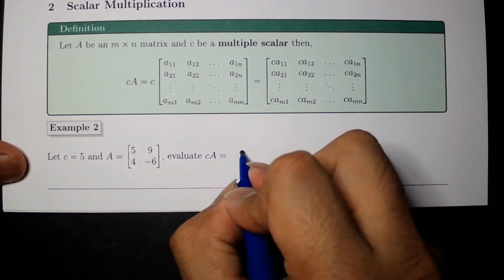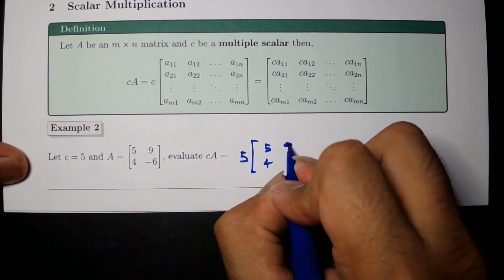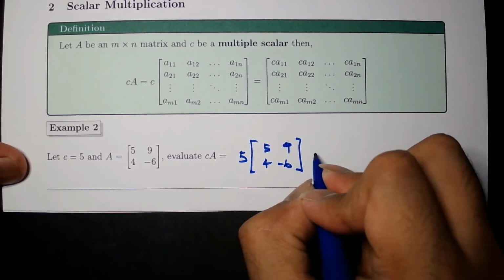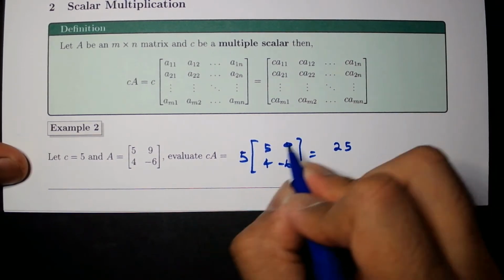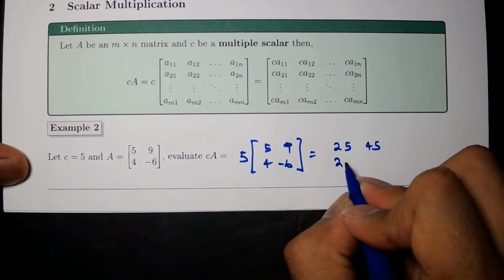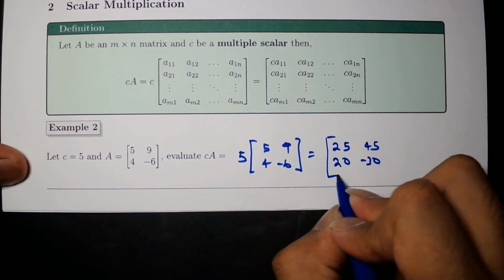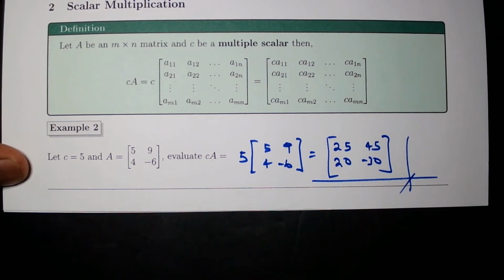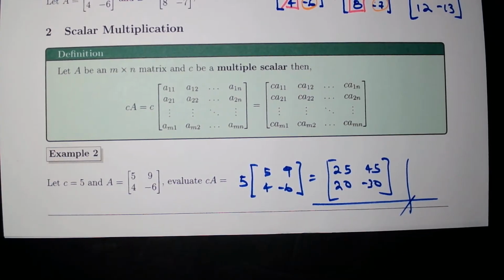So C, which equals 5, times 5, 4, 9, negative 6. All we do is multiply. 5 times 5, 25. 5 times 9, 45. 5 times 4, 20. 5 times 6, negative 30. And that's all we have to do. As easy as multiplying numbers.